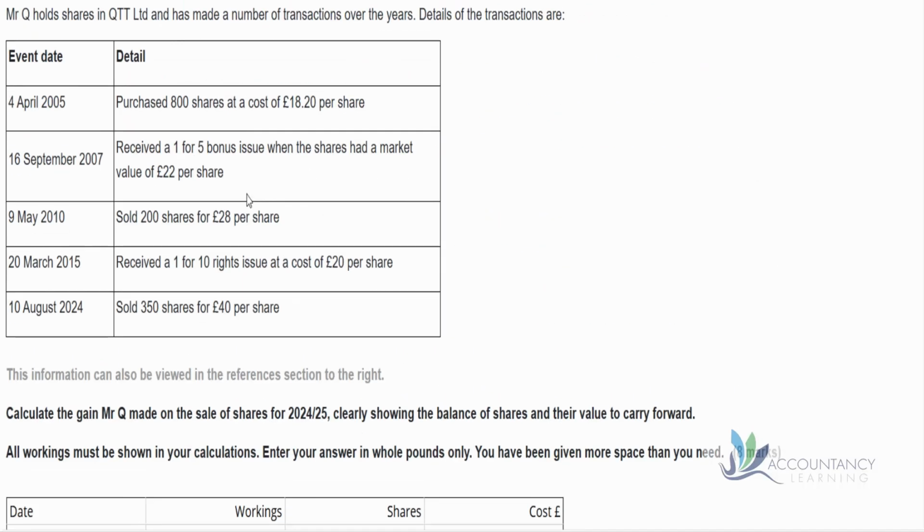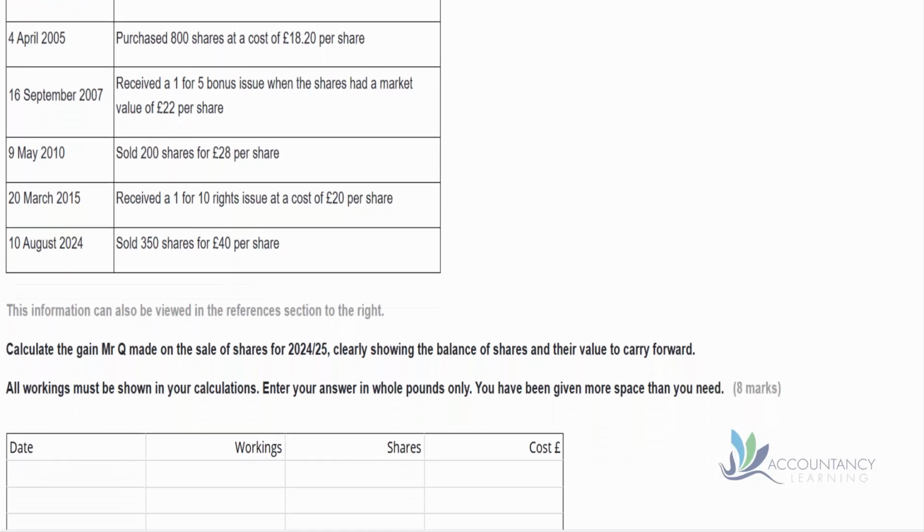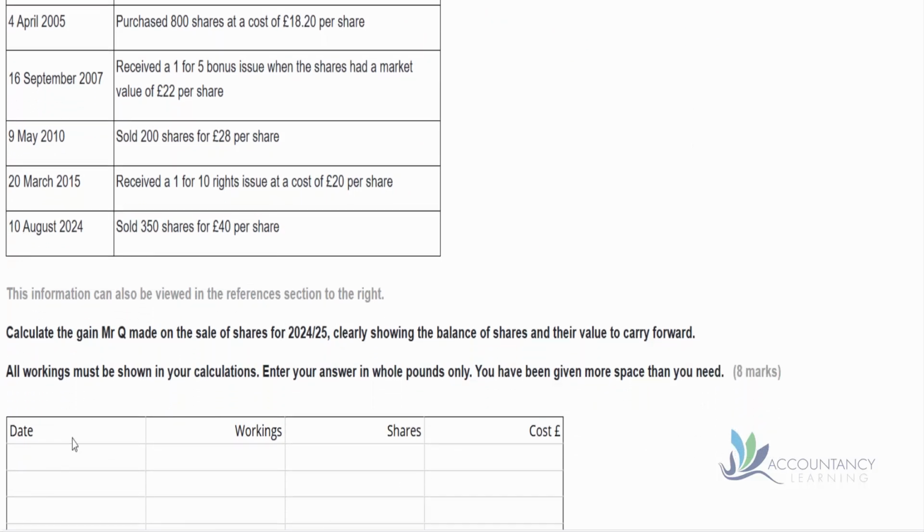So if we have a look at the information then, the first event that we have is on the 4th of April 2005. So we can put that straight into our date. And then we're told we've purchased 800 shares at the cost of £18.20 per share.